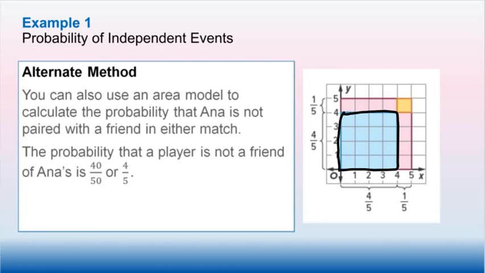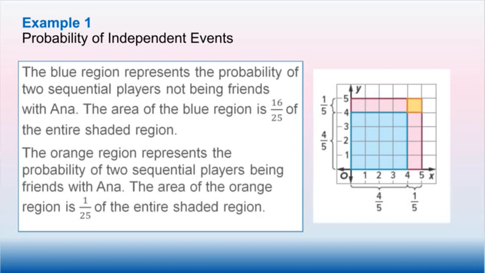That would give you your 16/25. The blue region represents the probability of two sequential players not being friends with Anna. The area of the blue region is 16/25. The orange region represents the probability of two sequential players being friends with Anna, and the area of the orange region is 1 out of 25 of the entire region. So that's just another way of going through that.